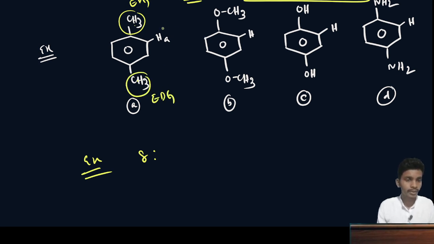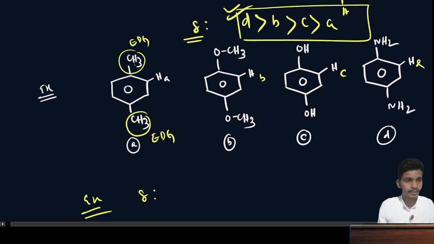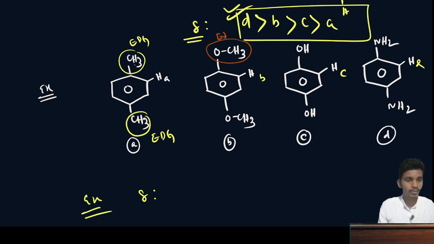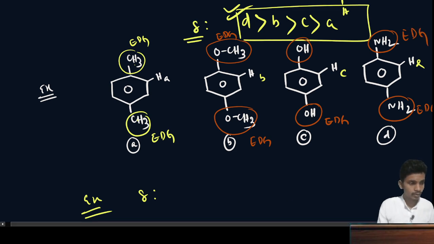Now we're comparing HA, HB, HC and HD. In all the cases, you see that this is also an electron donating group, this is also an electron donating group, this is also an electron donating group, and this is also an electron donating group. Okay, now these electron donating groups decrease the chemical shift.